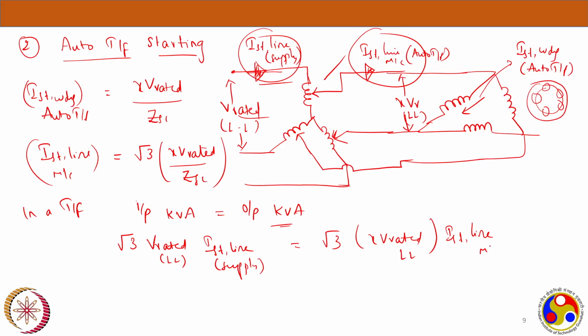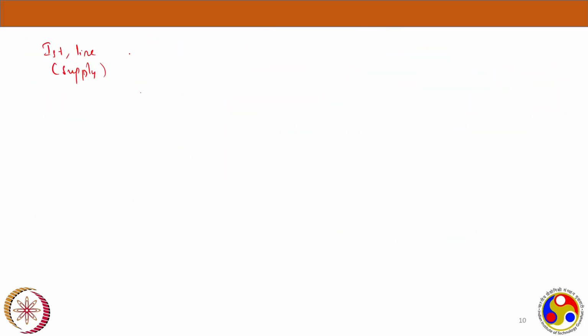Now let's write the final formula for the current drawn by the supply. Your starting line current by the supply is equal to X square root 3, with the X term taken outside, and X square.